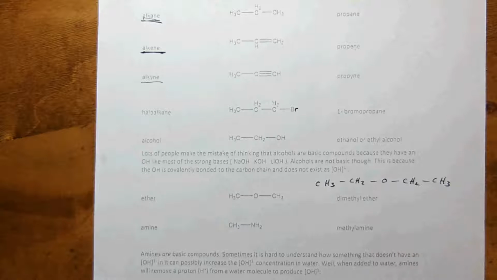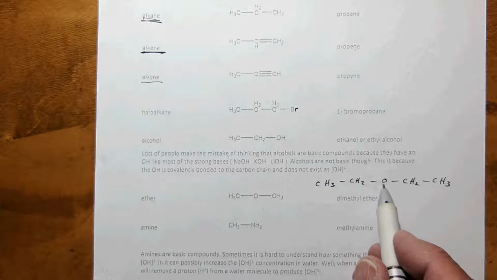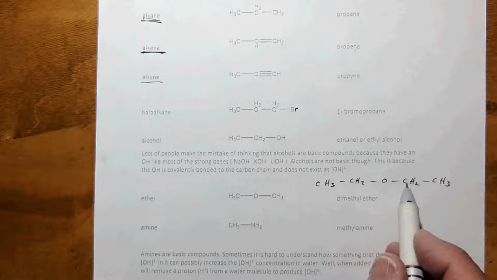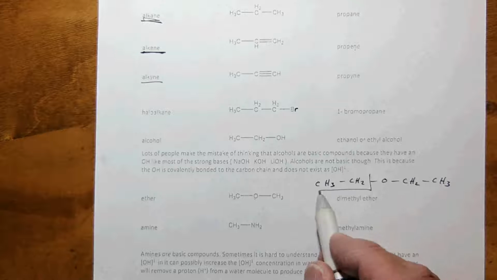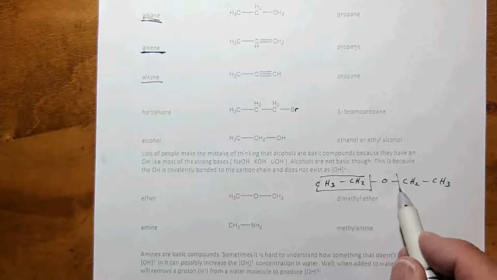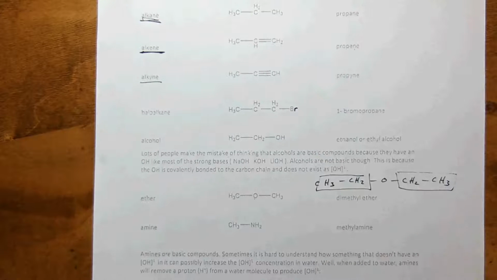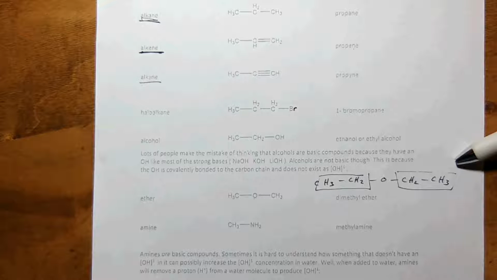That would be diethyl ether. It's an ether because the oxygen is stuck right between the two carbons. You have an ethyl group and another ethyl group. What's the historical significance? This was the first compound used in operating rooms to put people under.